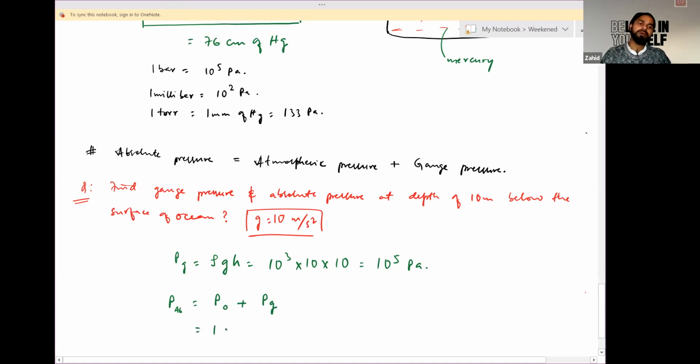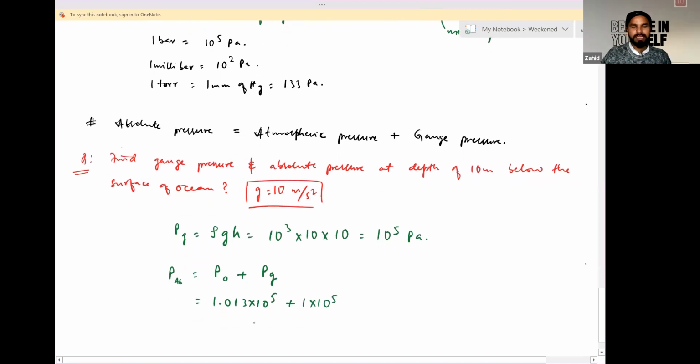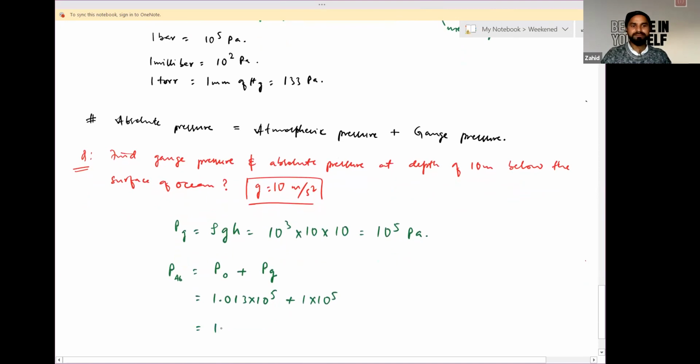Atmospheric pressure is 1.013 into 10 to the power 5 plus gauge pressure is 1 into 10 to the power 5. So if you take out common as 10 to the power 5, you will be left with 1.013 plus 1. So it will be 2.013, or you may write it as 2.013 into 10 to the power 5 Pascal.